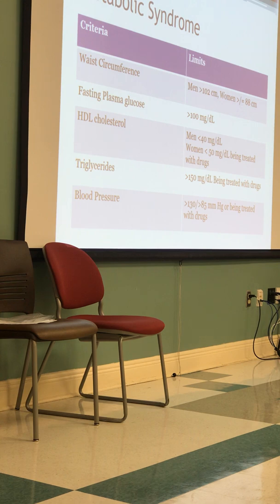Very high. So waist circumference, men 102, women 88. Fasting plasma glucose greater than 100. HDL, men less than 40, women less than 50. Triglycerides less than 150. Blood pressure greater than 130, greater than 85. Okay? These are what constitute metabolic syndrome.